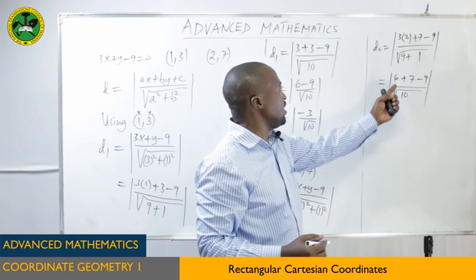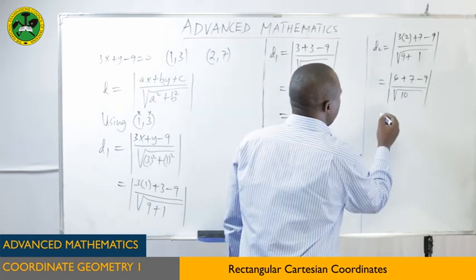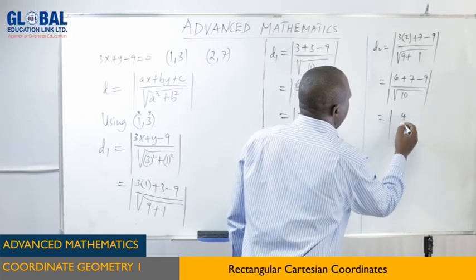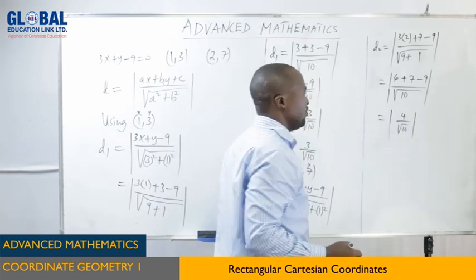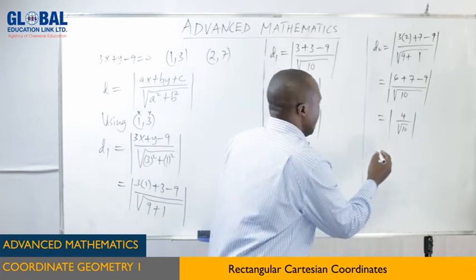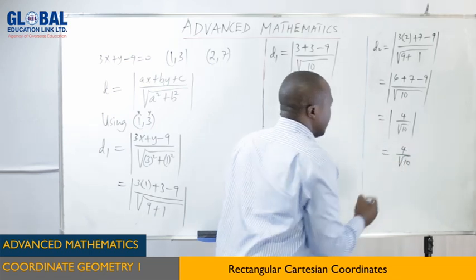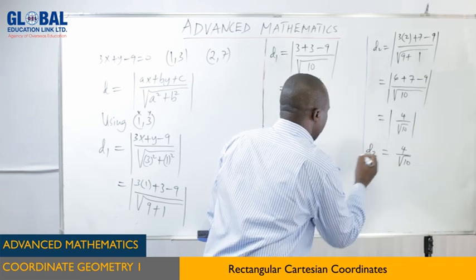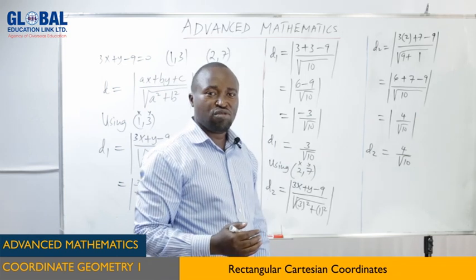So we have 6 plus 7, that is 13, minus 9, we are going to have the absolute of 4 over the square root of 10. But the absolute value of 4 over square root of 10 is equal to 4 over the square root of 10. Now we have D2. So here D2 is equal to 4 over the square root of 10.